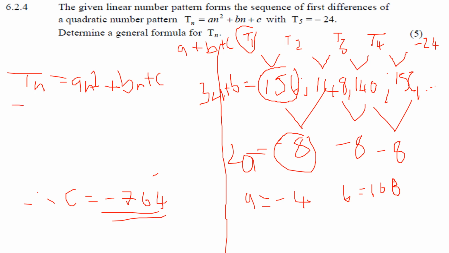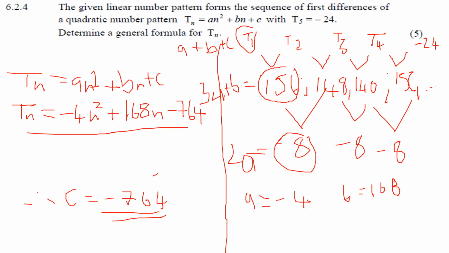And therefore, Tn will be equal to negative 4n squared plus 168n minus 764. Okay, so this will be our general formula for this quadratic sequence. Thank you very much.